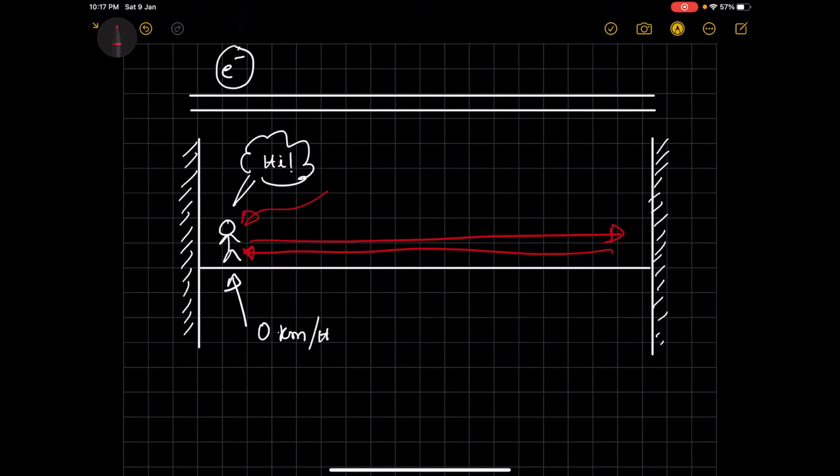But let's go a little deeper and see how your velocity varies between those two walls. Since you want to reach the wall as soon as possible, assume some random point close to the wall. Here you would run, increasing your speed until this point, after which you will have to reduce your speed so that you can halt, touch the wall, and again come back in the reverse direction.